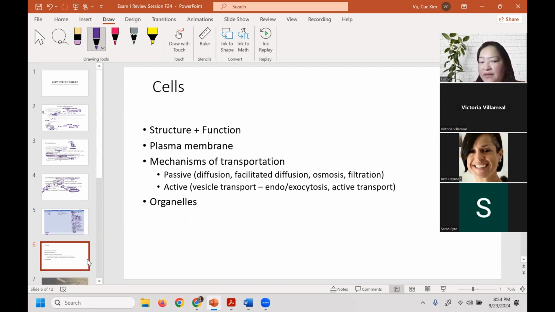Cells, for the sake of time, I'm going to skip this. I'll just read through it really quickly, but I'm not going to go into much detail. So for cells, make sure you know the structure and function. A lot of you made wonderful videos. Watch your peer videos, because I'm not going to get insulted if you prefer their lecture over mine.